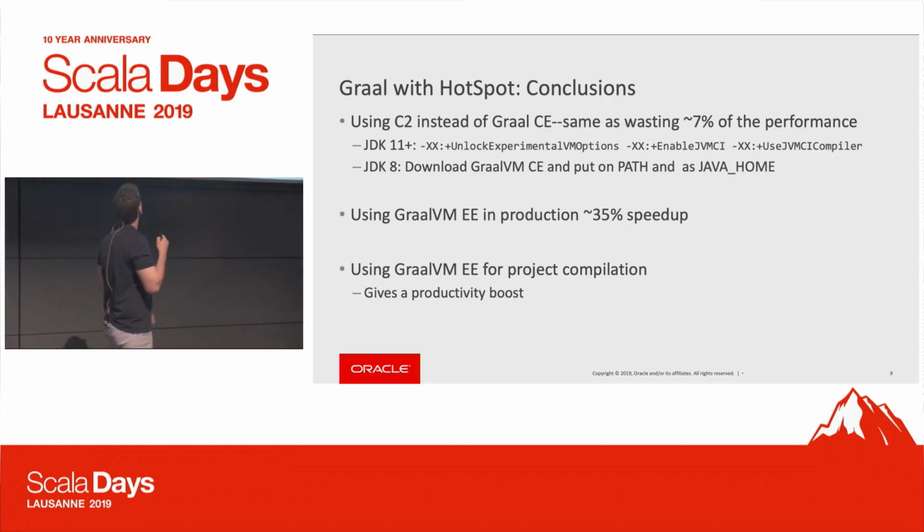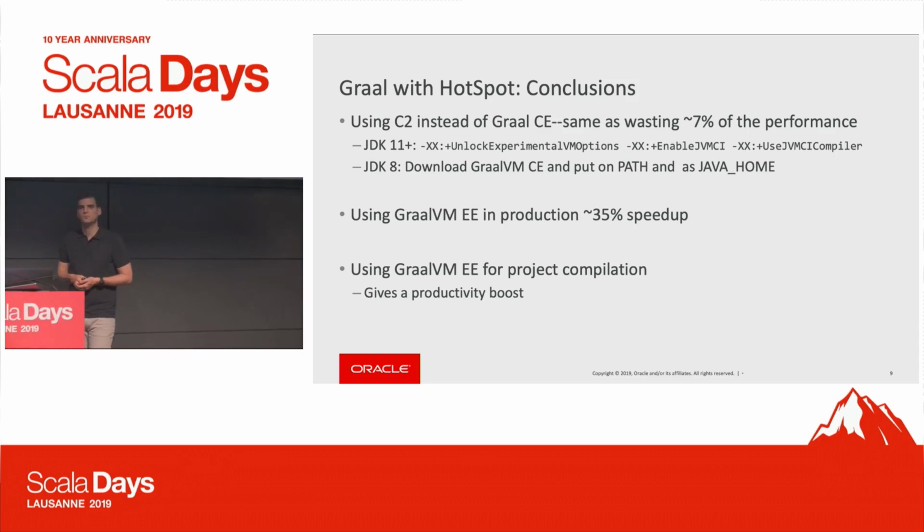All you need to do is, for JDK 11, put this on your command line, and that's it. 7% for free, done, right? Or you can download GraalVM CE or EE and put it on your path in Java home. It's that easy. And it runs at Twitter. People are already using it for compilation all around. So there's absolutely no reason to not use it.